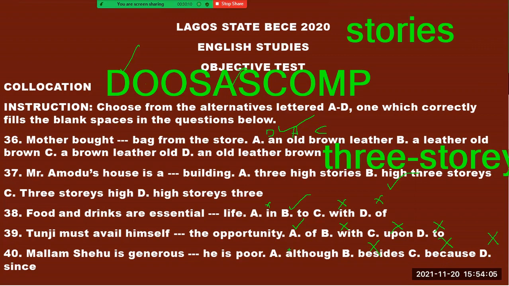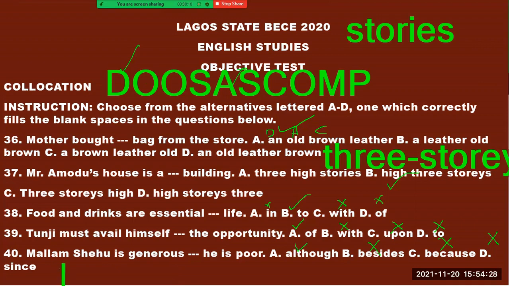So that leaves us with option A, and it is semantically and grammatically correct. How do we know? Malam Shehu is generous, although he is poor. So you can see the word although is an adverbial of concession. An adverbial of what? Concession.